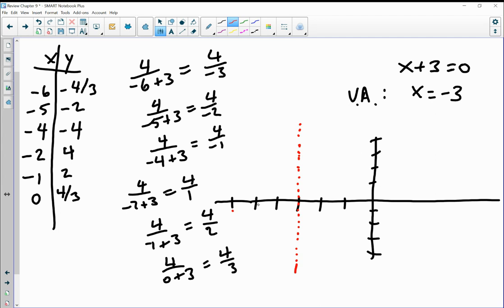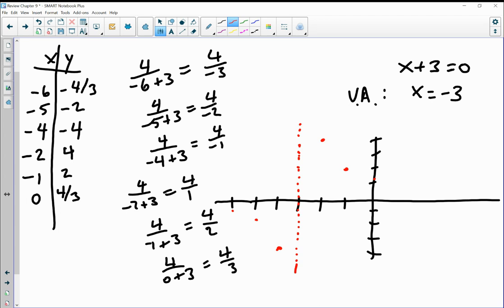Negative 5, negative 2. Negative 4, negative 4. And then for negative 2, positive 4. Negative 1, positive 2. 0, 4 thirds.